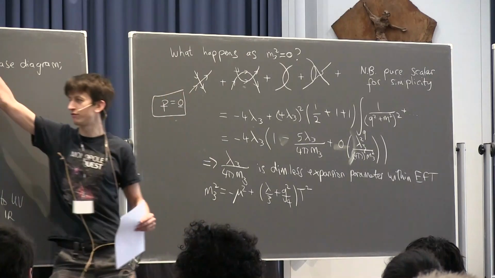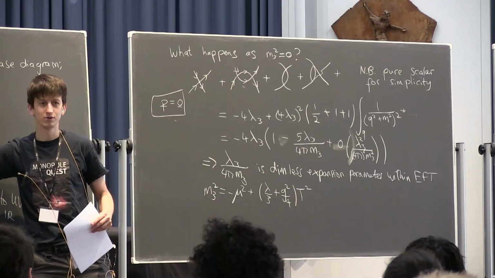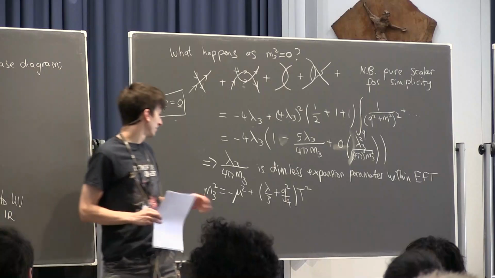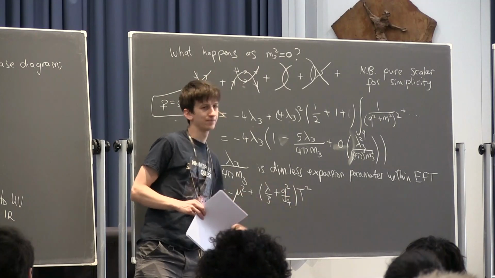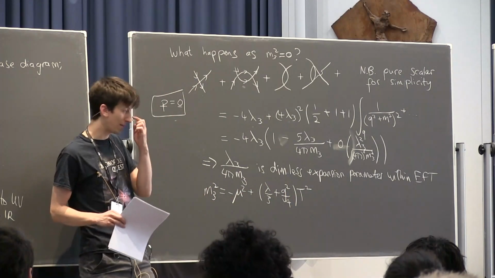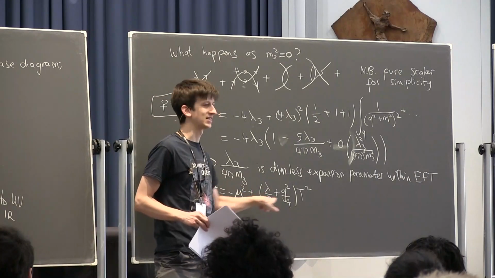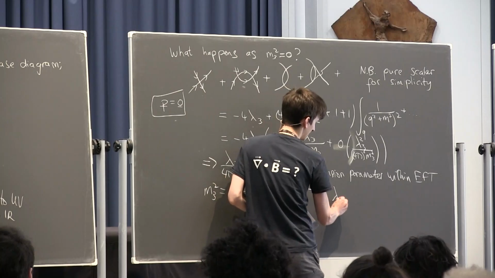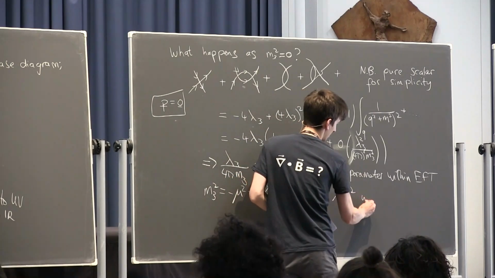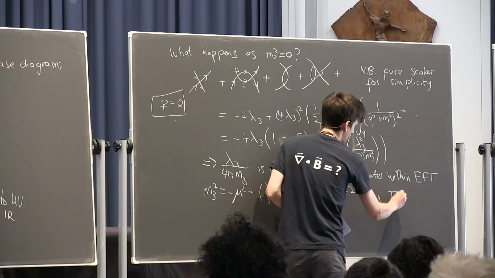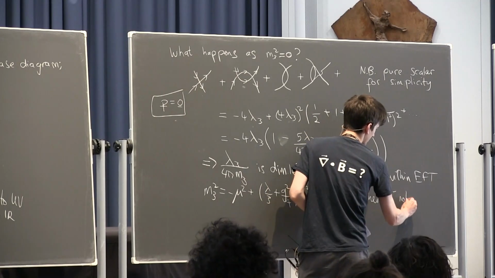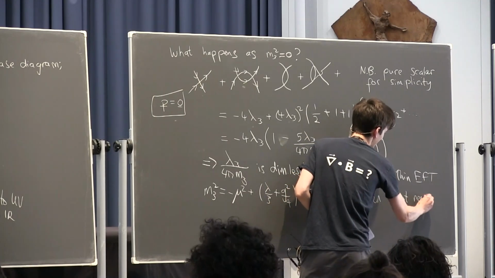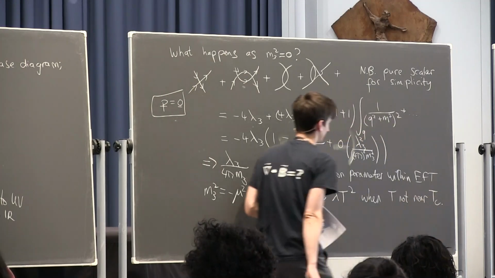So for all of above and down to a bit below, the size of m3 squared is lambda T squared. And the only place where that breaks down is when these two cancel against each other. So this is of order lambda T squared when T is not very near TC.